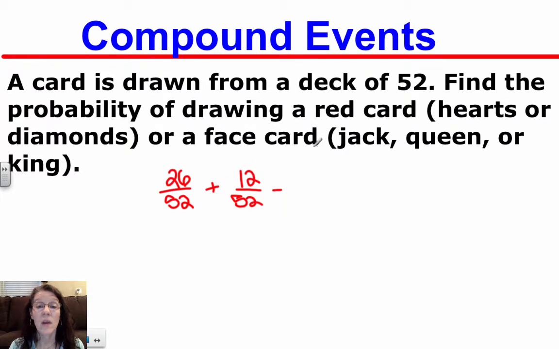But then we have to ask ourselves, are there any of these face cards that are red? Yes, half of those face cards are red. 6 of those face cards are red, so we have to subtract that off. All right, so 26 plus 12 is 38, minus 6 is 32 out of 52.